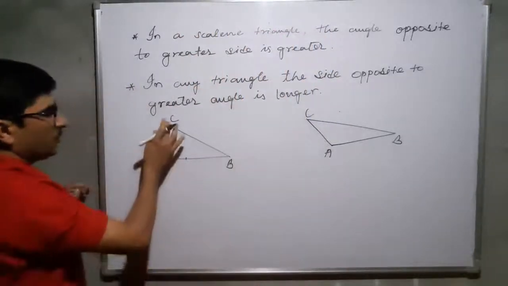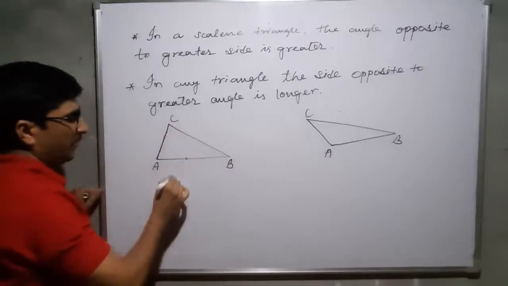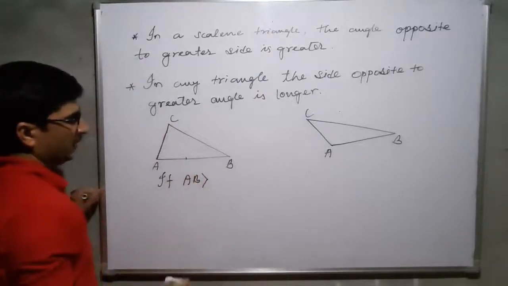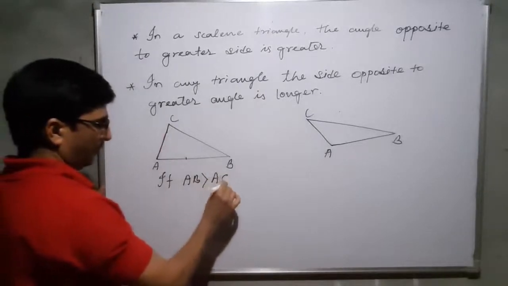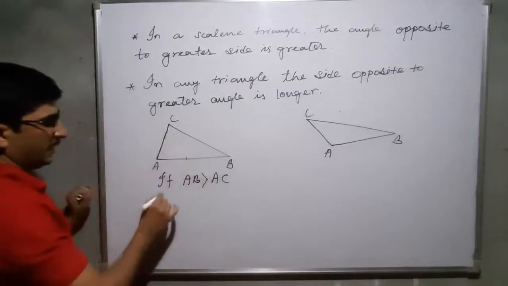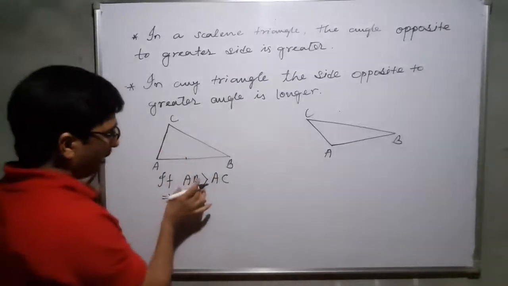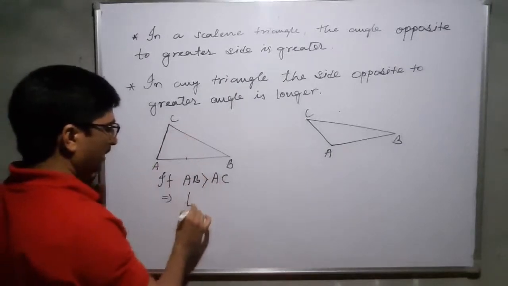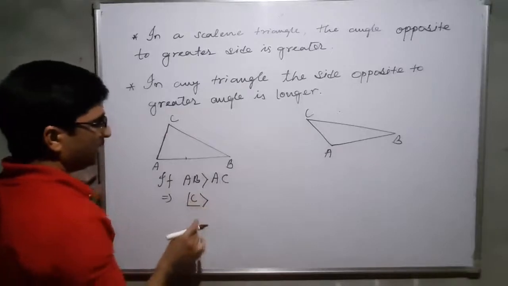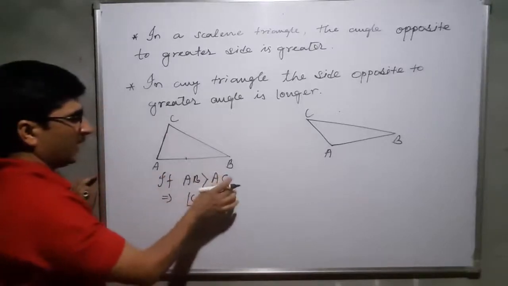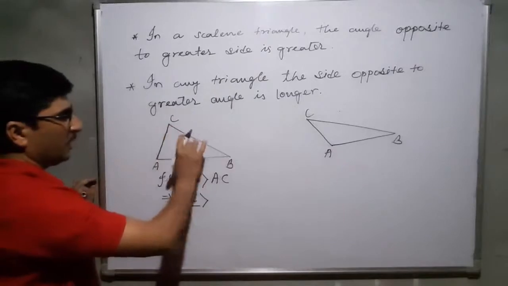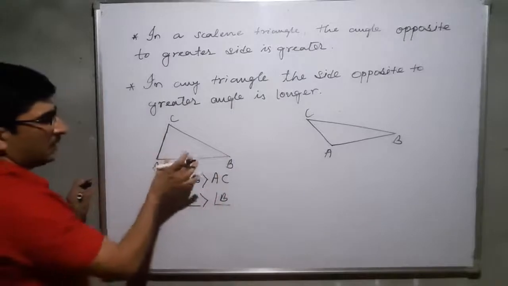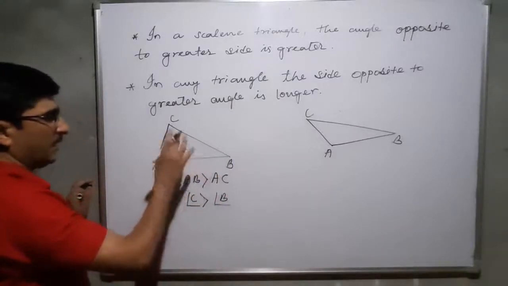Suppose in this triangle ABC, side AB is greater than side AC.